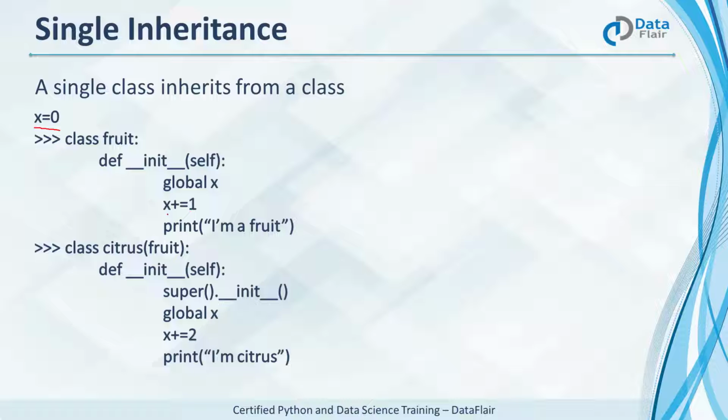Classes fruit and citrus modify the global variable x. Fruit increments it by 1 and prints I'm a fruit. And citrus increments it by 2 and prints I'm citrus. Citrus also makes a call to the init of the class fruit first using the super keyword.